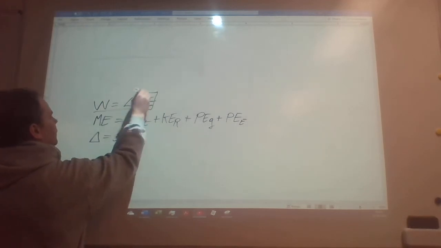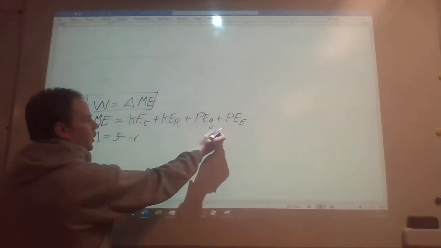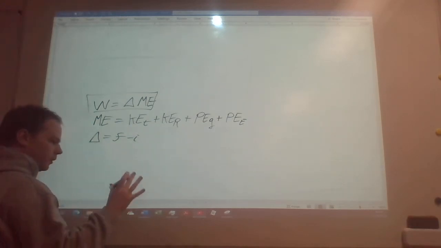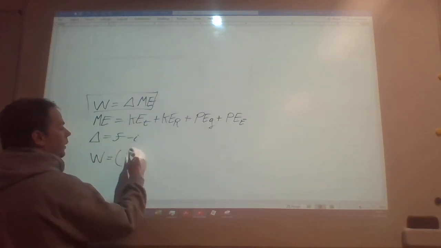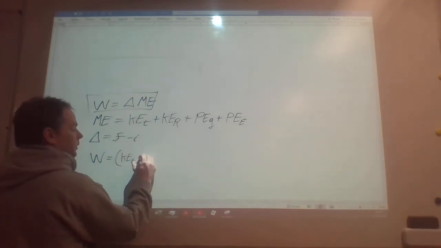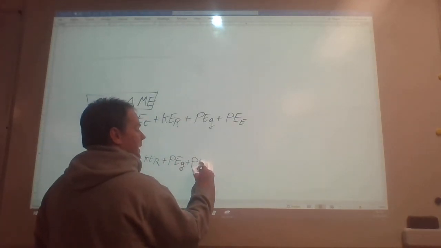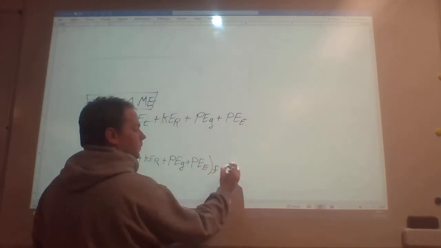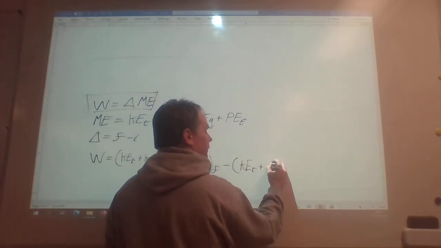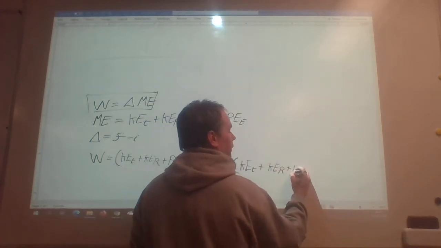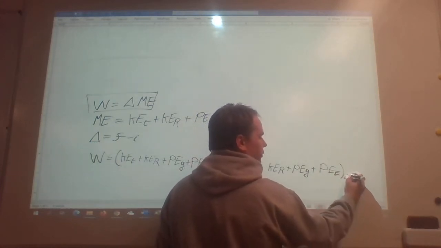So this equation is real nice and pretty at first, but once we plug everything in, and I'm not even actually going to plug in these equations, this becomes that according to the work energy theorem, work can be set equal to KET plus KER plus PEG plus PEE final minus KET plus KER plus PEG plus PEE initial.